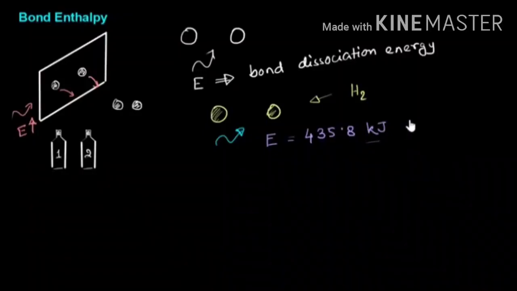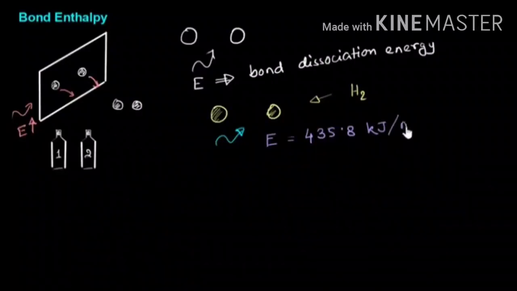For example, in the hydrogen molecule, only a single bond is present, and to dissociate this bond we have to supply 435.8 kilojoule per mole.